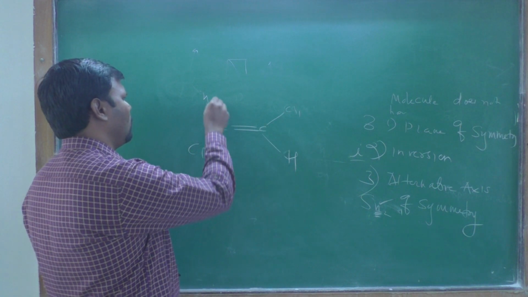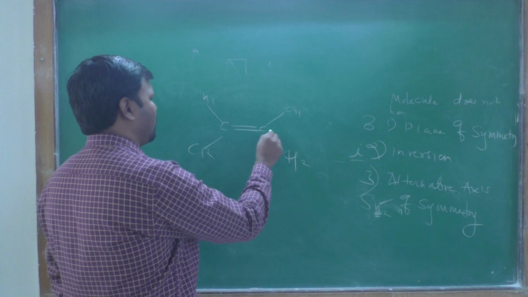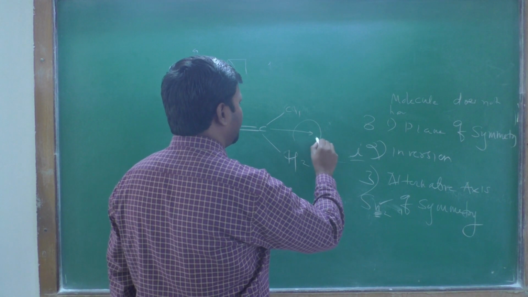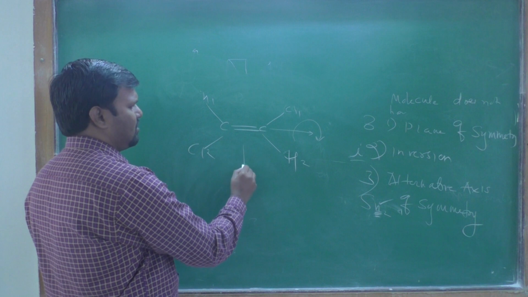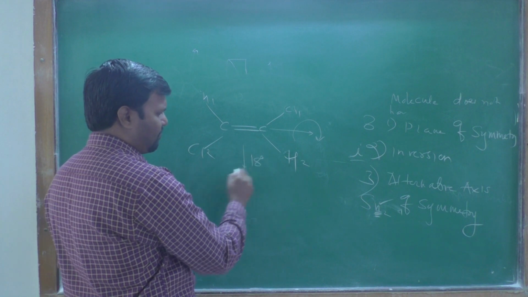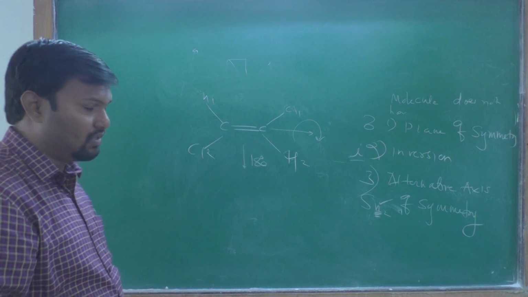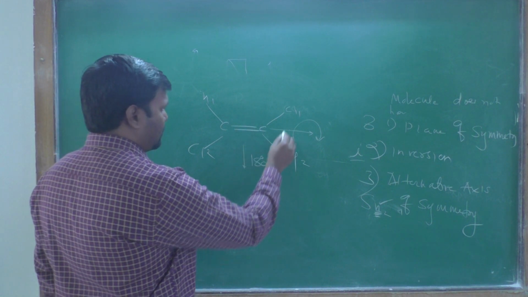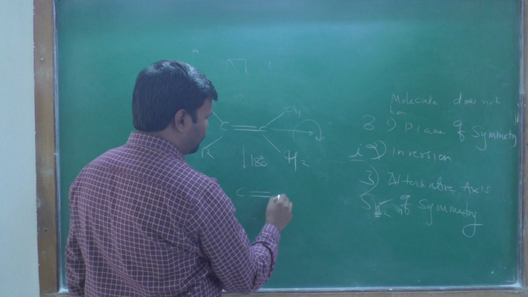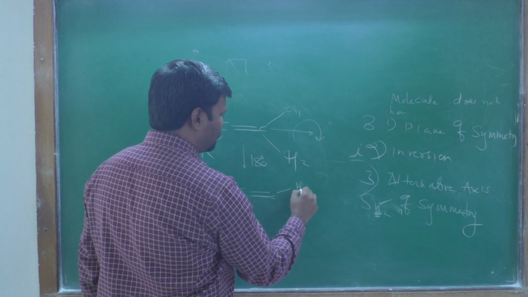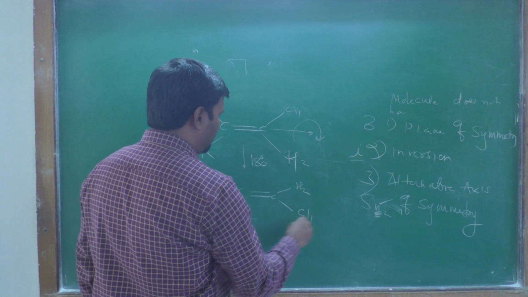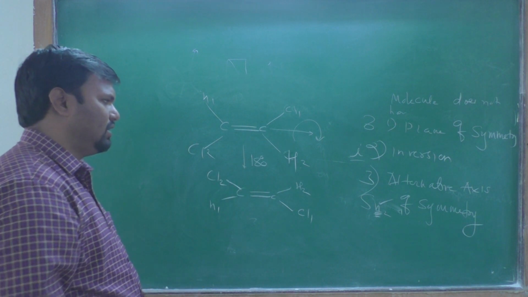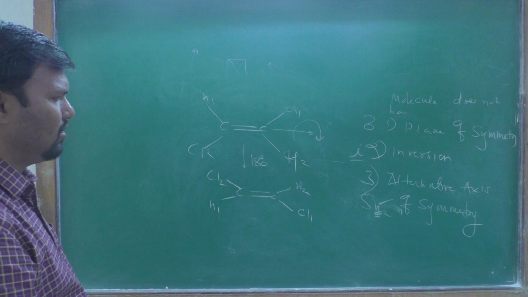Take the molecule with Cl1, Cl2 and H1, H2. Firstly, you rotate that molecule through 180 degrees. After the rotation, you find H2 will move there, then Cl1, then Cl2 and H1. After 180 degree rotation, you will obtain this.